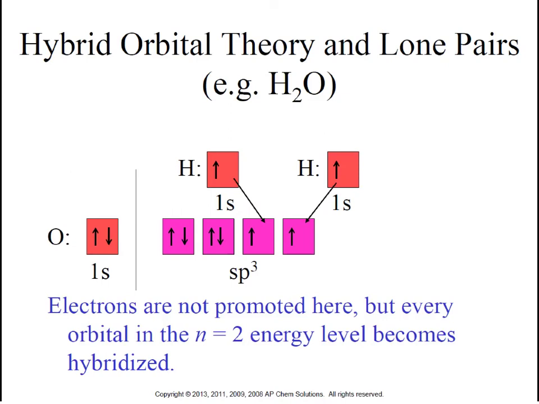But in this case, the 2s is not promoted up to the 2p. Instead, all four of them come together to make these four sp3 hybridized orbitals. And so the sharing is actually happening just in those two right there. These ones right there, 2 electrons, both on oxygen, these would be lone pairs.